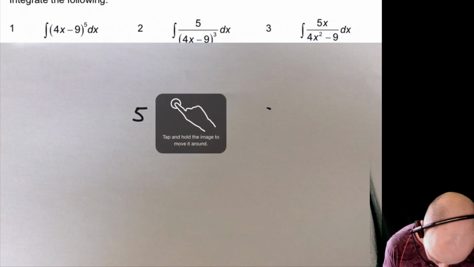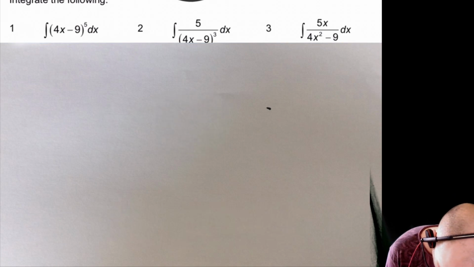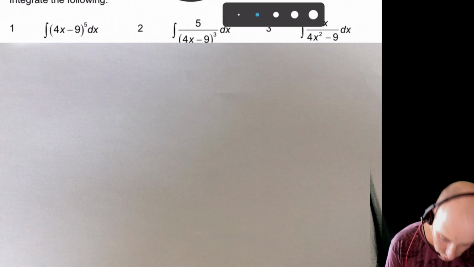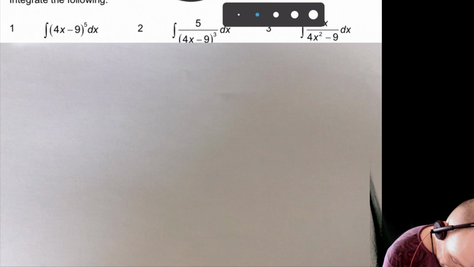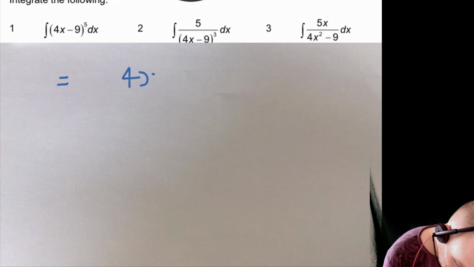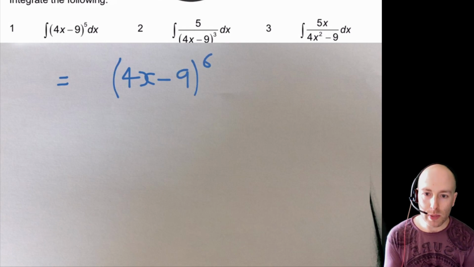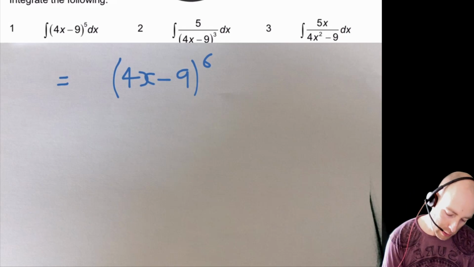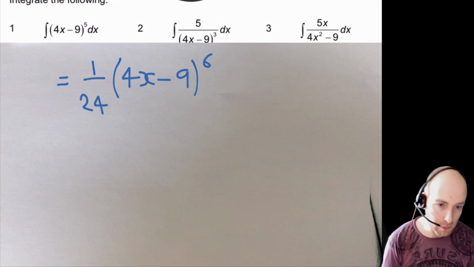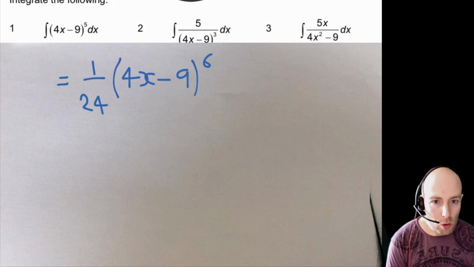Cool. Okay, so first one, we're going to try to the power 6. So if we differentiated that, we'd get a 6 down the front, which we don't want. We get a 4 down the front, which we don't want. So we need to divide it by 24. Which is, I believe, what you guys all said.